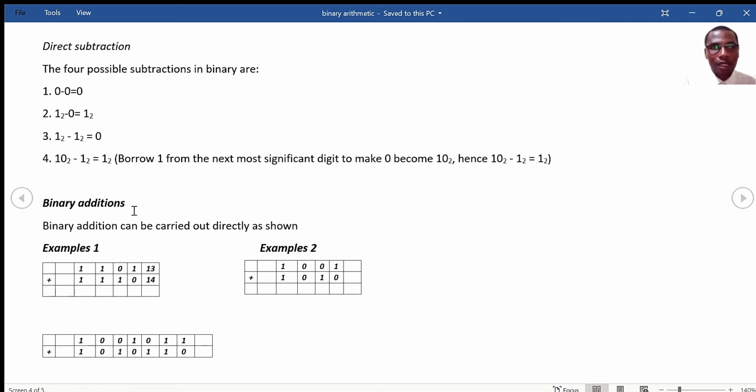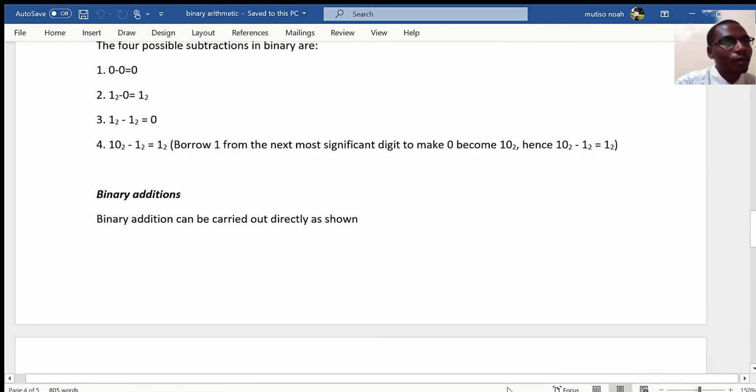Addition you can do directly. Let us see how you can do that. Binary additions, and I have 3 examples.